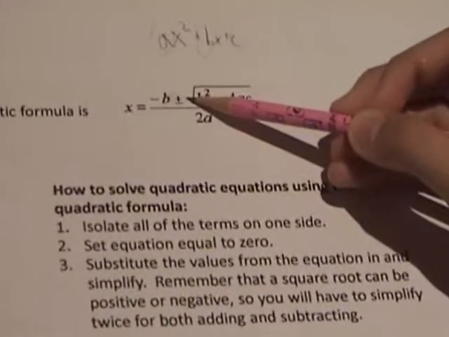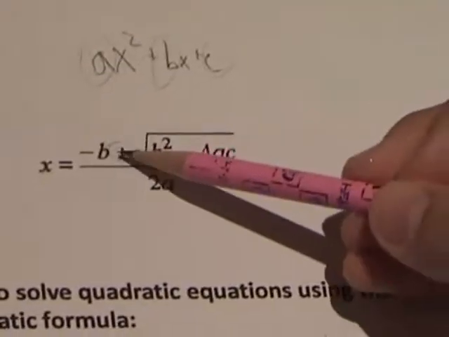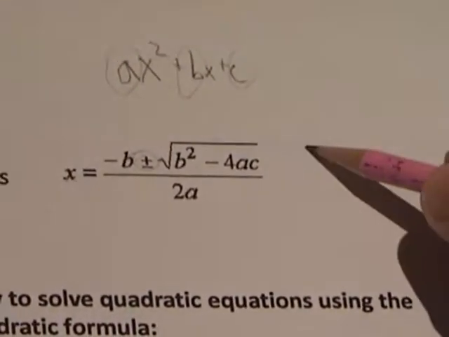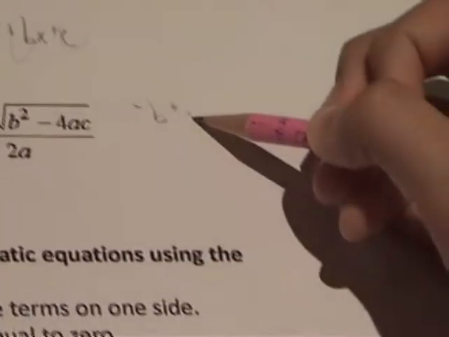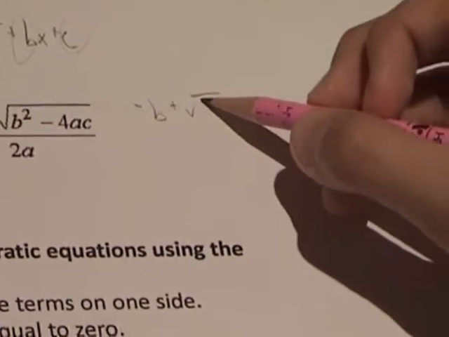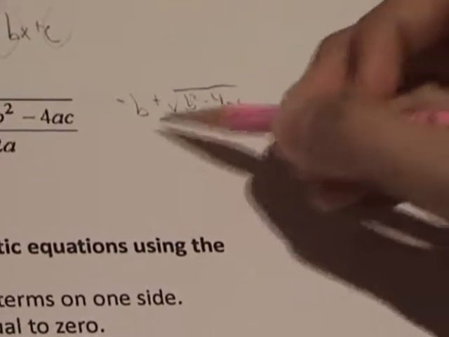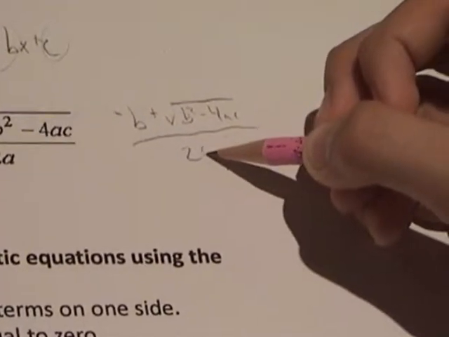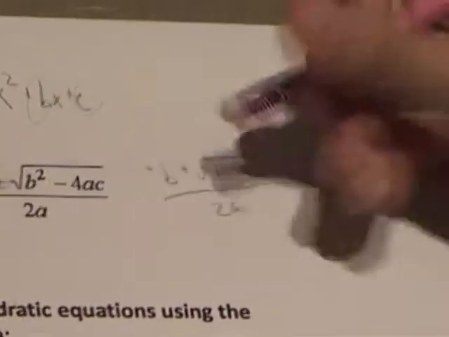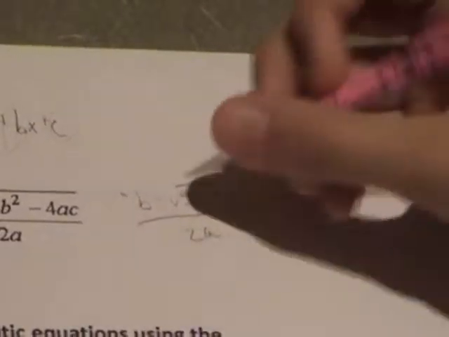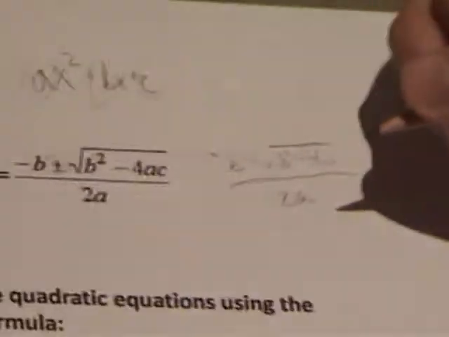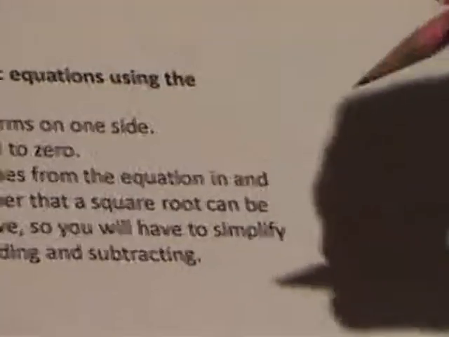But remember, you will eventually need to break it into negative b plus the square root of b squared minus 4ac over 2a and negative b minus, because a square root can be positive or negative.